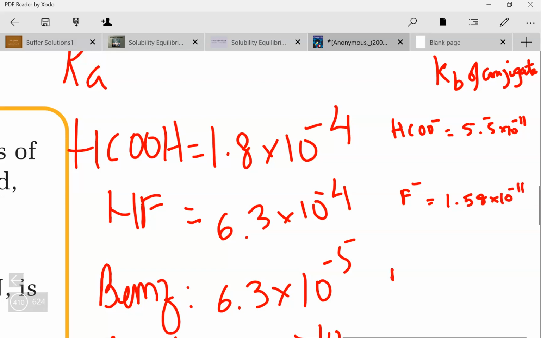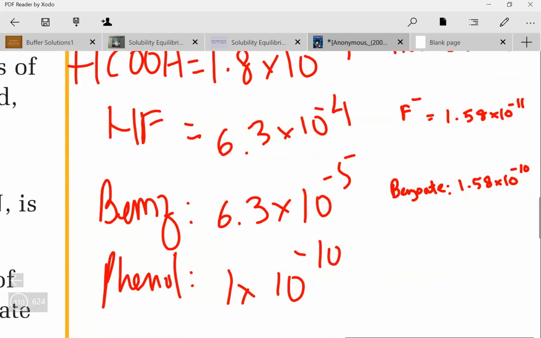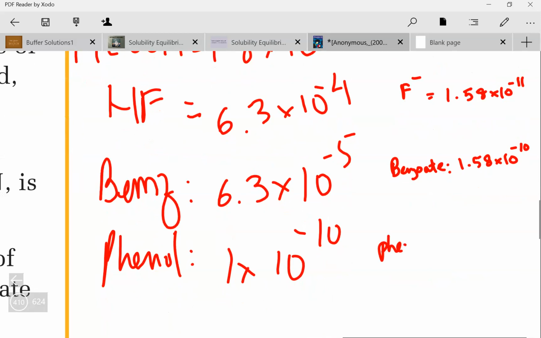Benzoic acid, so benzoate, is, I do the same calculation, I get 1.58 times 10 to the power of negative 10, I think, unless I'm going crazy. Yep, no, that's correct. And phenoxide is going to be 1 times 10 to the power of negative 4.